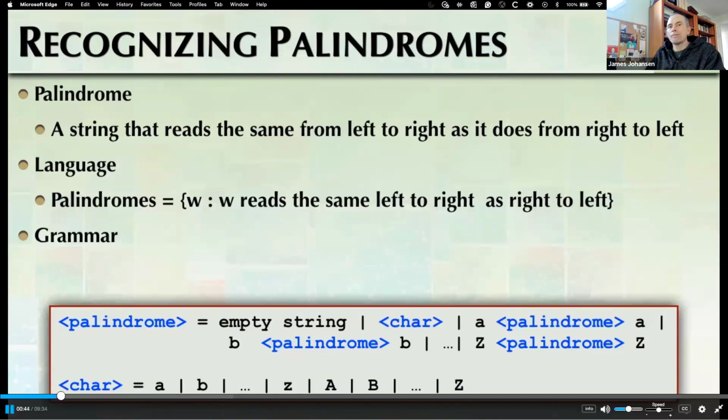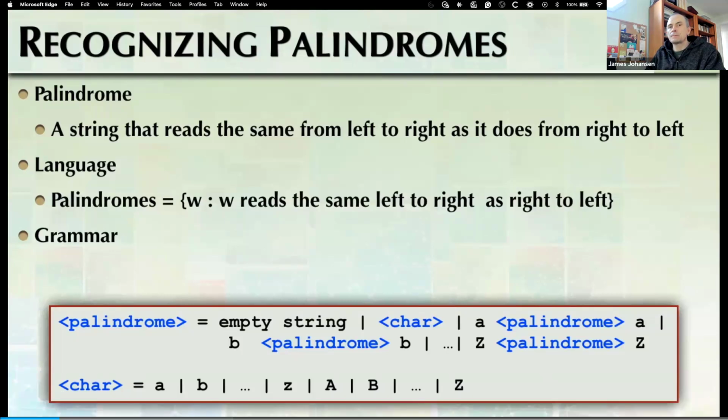That's what the angle brackets with char in between means: our palindrome can be just one character, because if it's one character, going from left to right and right to left is the same character.